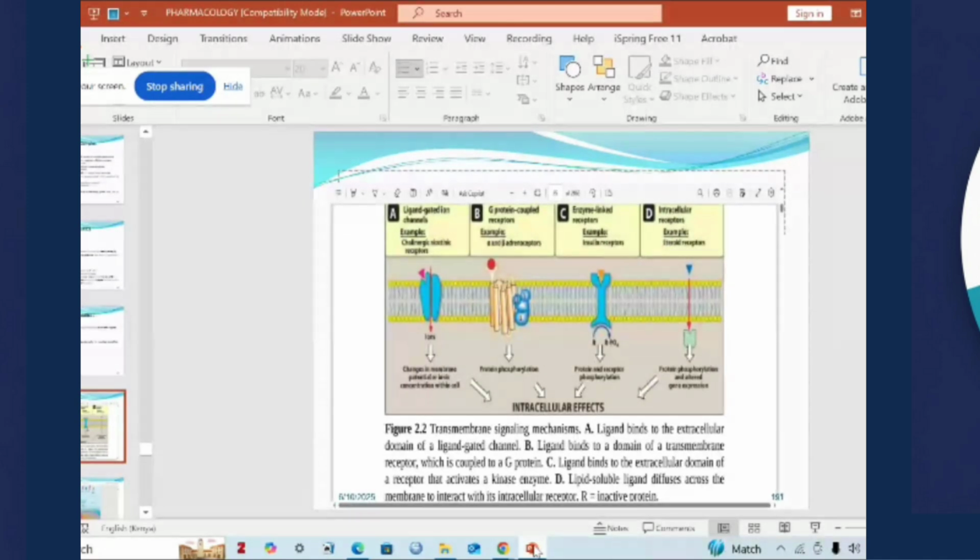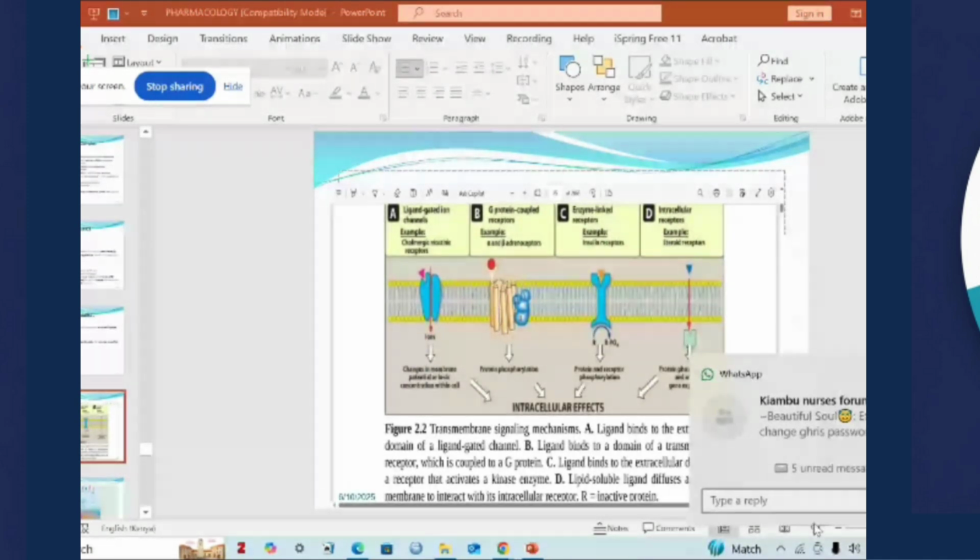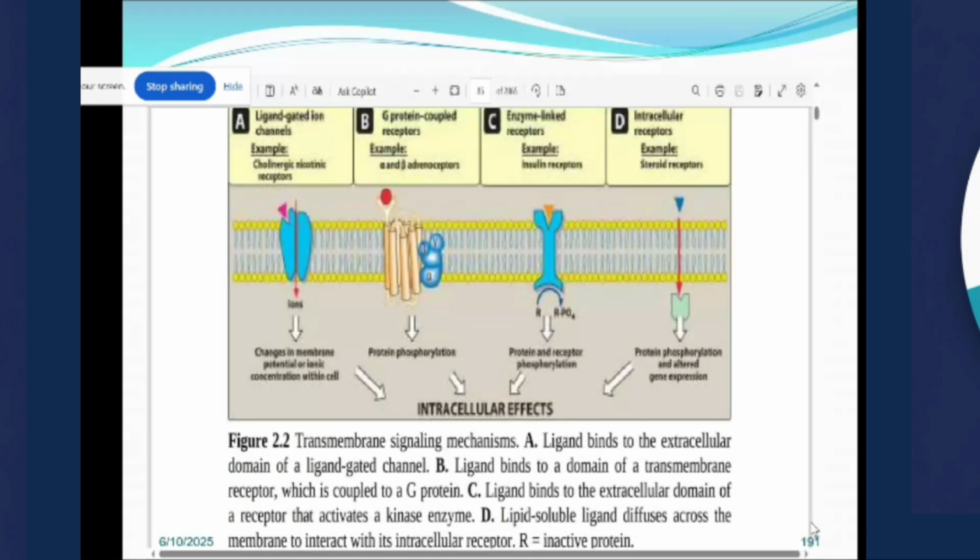That's a screenshot I took from a textbook. Ligand-gated ion channels, you see how it comes. This one will give us action potentials. These ones will lead to protein phosphorylation, equally the enzyme linked and the intracellular.